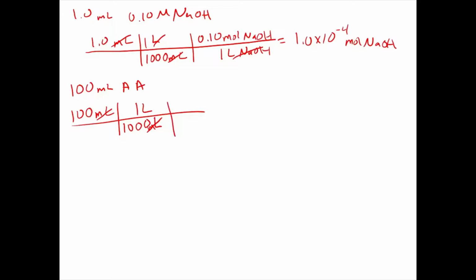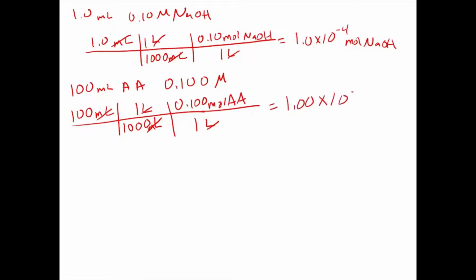We know that the molarity of the acetic acid is 0.100, so we have 0.100 moles of acetic acid for every 1 liter of solution. Those liters cancel, and so I have 1.00 times 10 to the negative second moles of acetic acid.